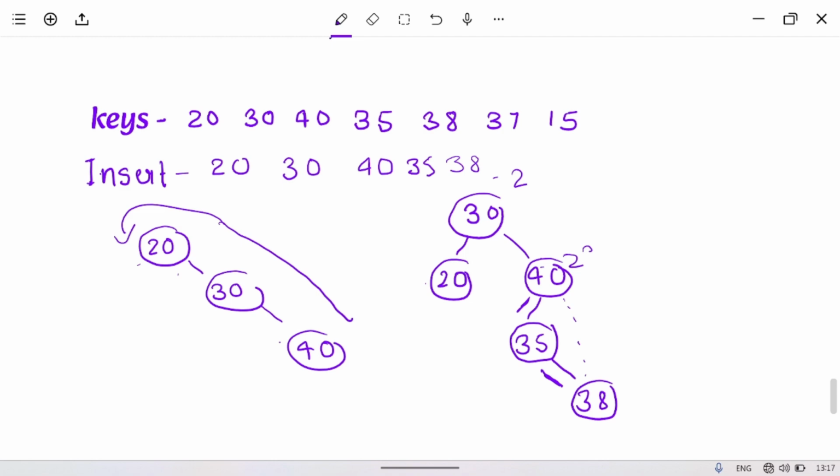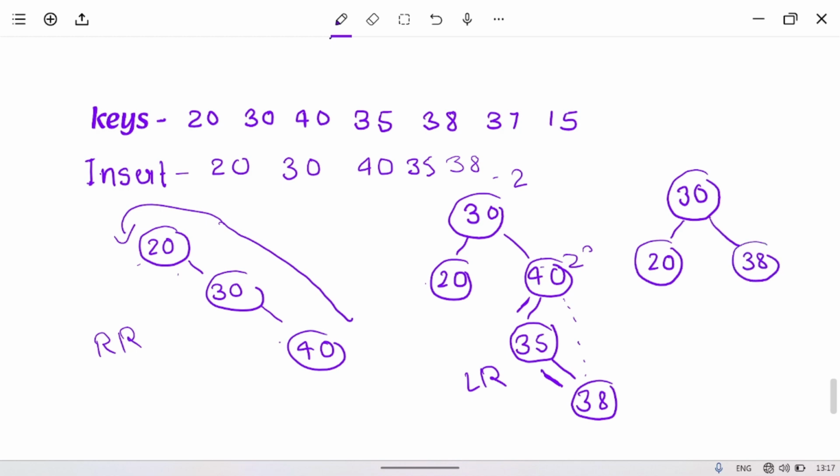So let's see after LR rotation. Here what rotation is performed? LR rotation. After LR rotation, 30, 20, and this will take this place.